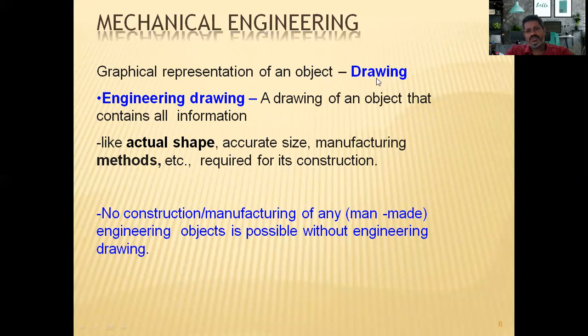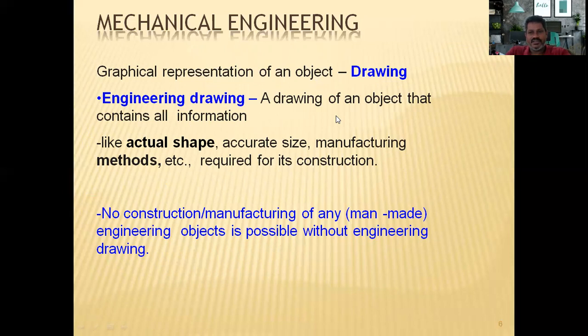I would like to emphasize that drawing can be the representation of data. Suppose you represent some data in the form of a graph, that is also a drawing. So not only an object, the data can also be represented in the form of a figure, in the form of drawing.